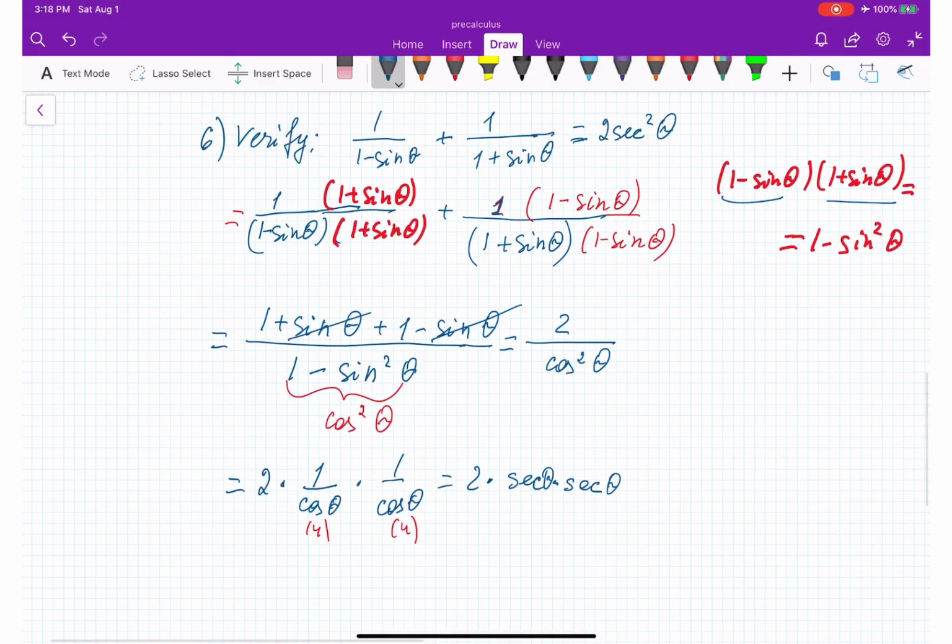Yes? So what do we get? 2 times secant will be secant squared theta. And that's exactly what we needed to verify, which indeed 1 over 1 minus sine theta plus 1 over 1 plus sine theta is going to be equal to secant squared theta.